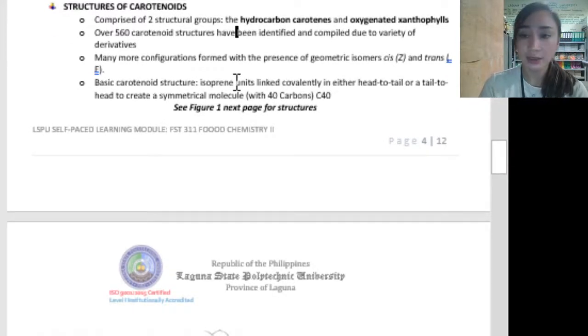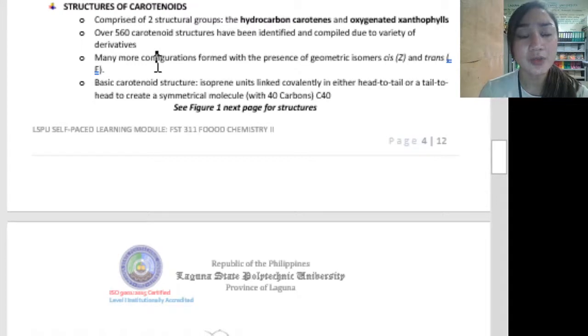Okay, when we talk about structures of carotenoids, there are basically two structural groups. We have the hydrocarbon carotenes, meaning hydrogen, carbon, hydrogen, carbon, that's how it looks. And of course, the oxygenated xanthophylls, where there is a presence of oxygen. There are about 560 carotenoid structures that have been identified, so there are many, with a variety of derivatives.